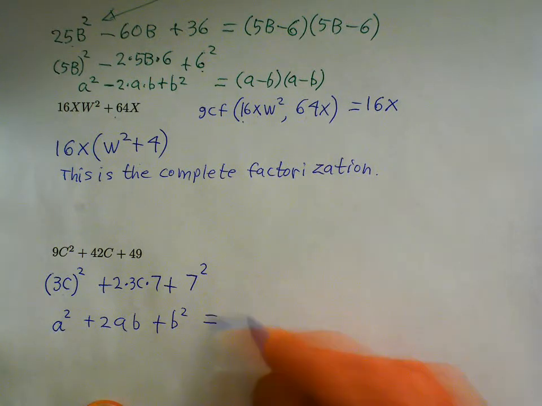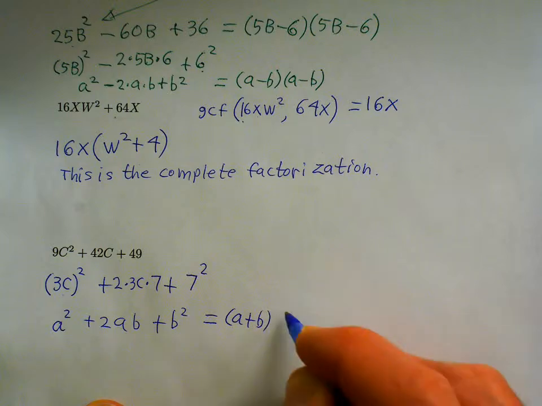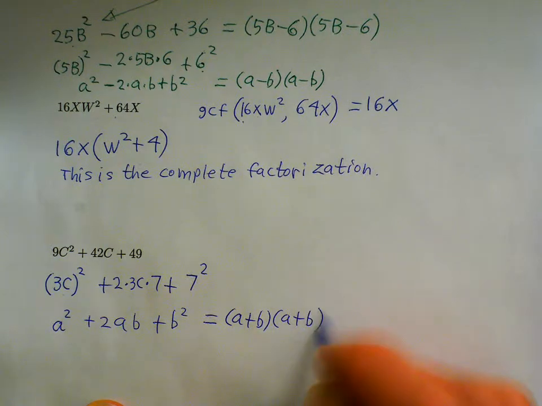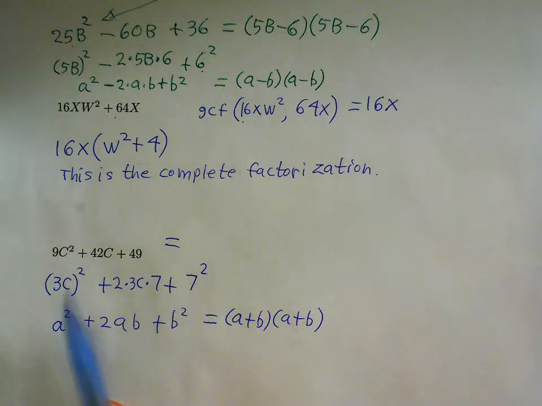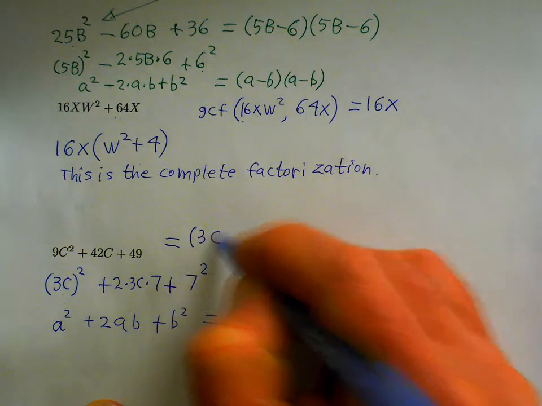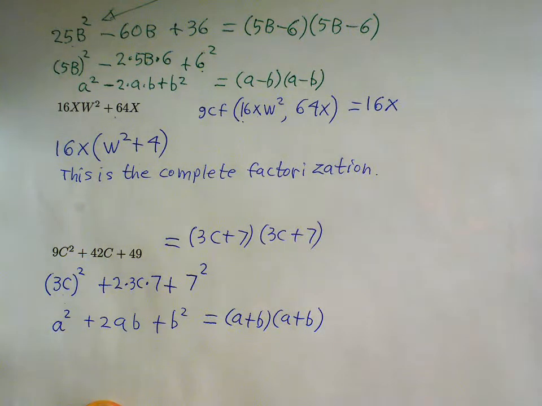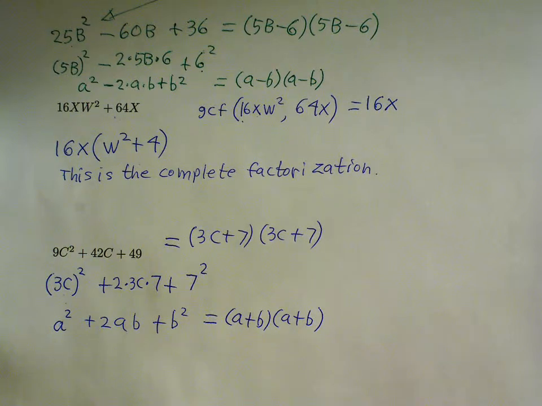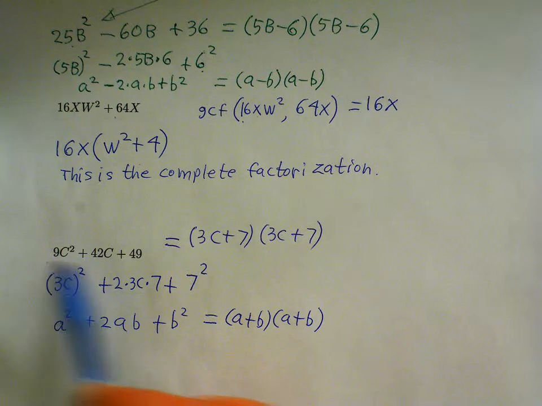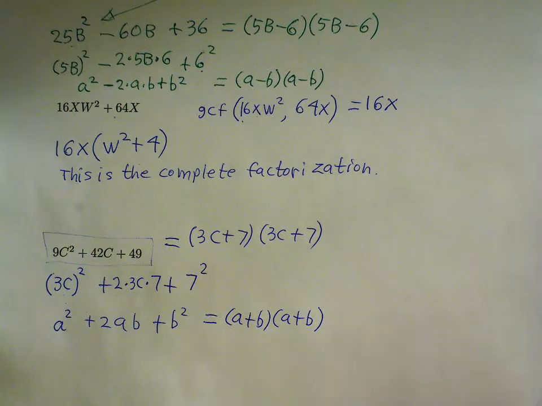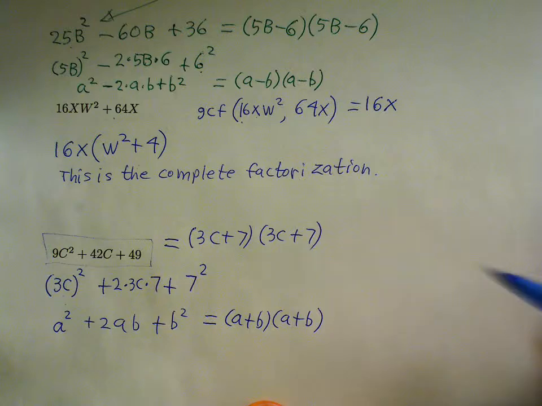So the two factors have the form a plus b times a plus b. And so the factorization of this perfect square trinomial is 3c plus 7 times 3c plus 7. And a reminder, the AC method works. So we can do that real quick.